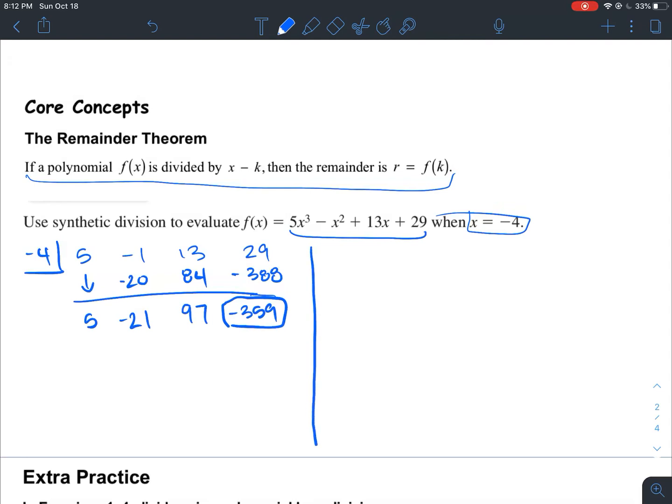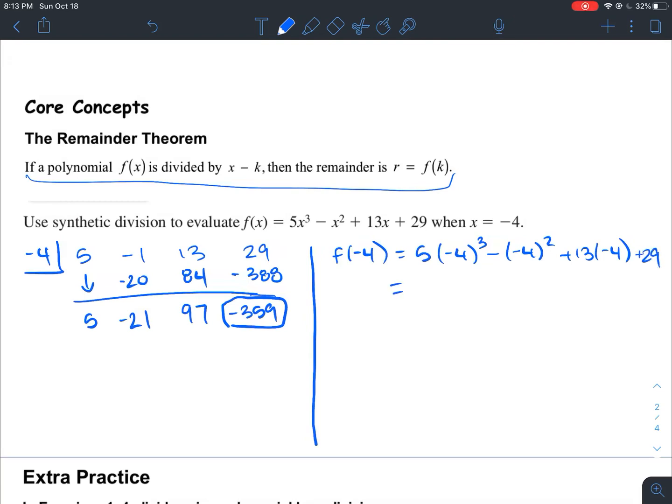So now going off track a little bit, what if I take negative 4 and I plug that into my x value? So if I did f of negative 4, what happens when I do that? So we get this is equal to 5 times negative 4 cubed minus negative 4 squared plus 13 times negative 4 plus 29.